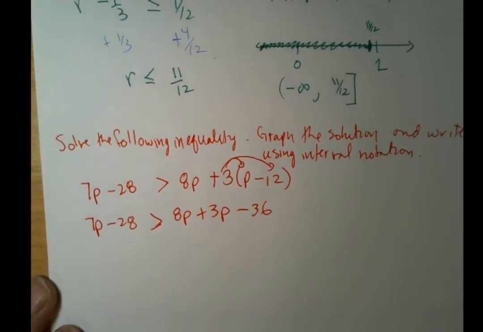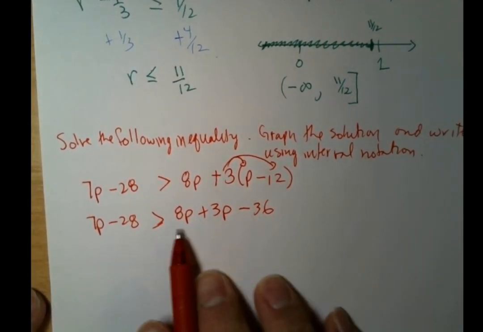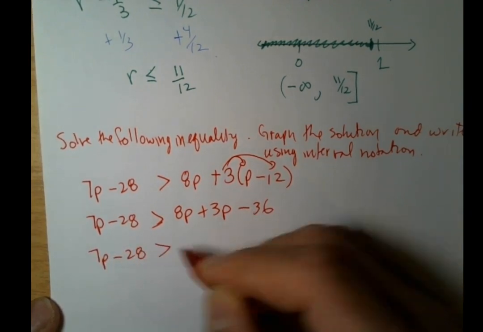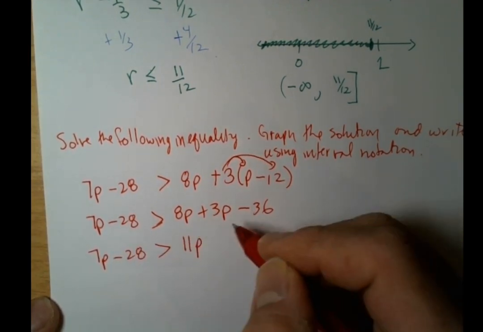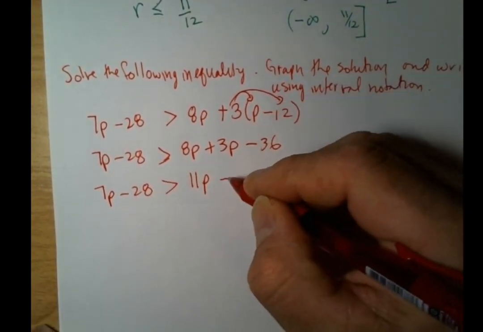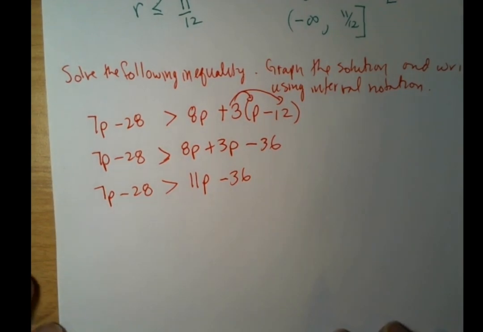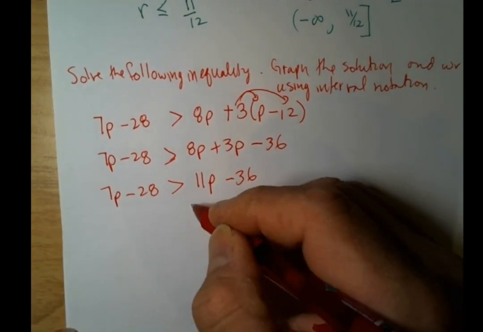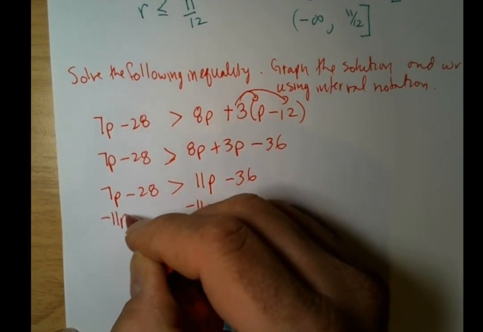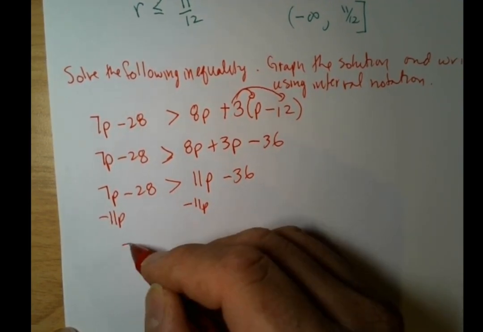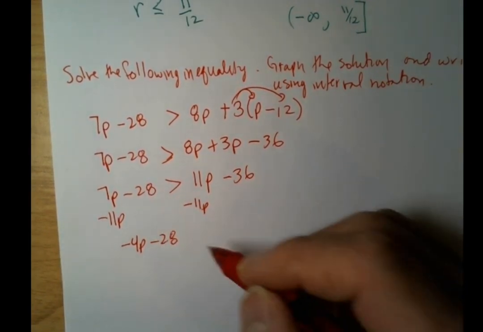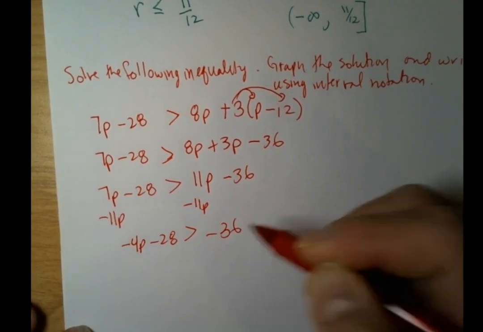Now I see I have 2 like terms, so let me combine these. 8p plus 3p is 11p, we just add the coefficients, minus 36. Now I'm going to subtract 11p from both sides, and we have negative 4p minus 28 greater than negative 36.